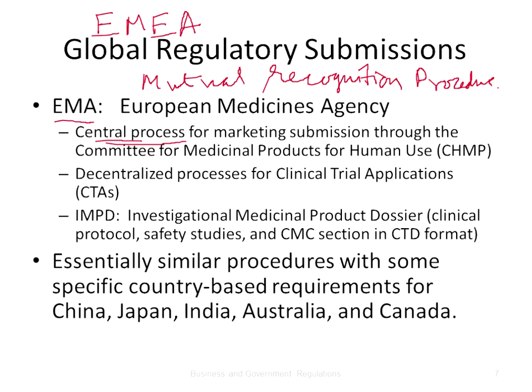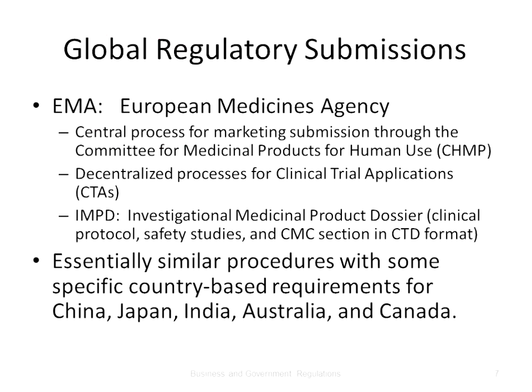Now, on the other hand, for submission for clinical trial approval, you cannot use the centralized process. So for clinical trial approval, you have to use the decentralized process. It used to be called clinical trial applications that you send to individual countries where you are actually going to conduct the clinical trials, right?